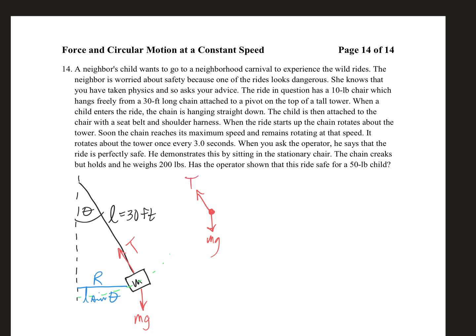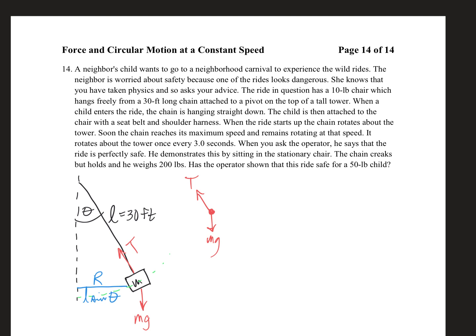All right, so the sketch is on the left, and the force diagram on the right. So a chain, I think it is, with length of 30 feet at some angle that I don't think we know. And that's going to be a problem that we have to get rid of.